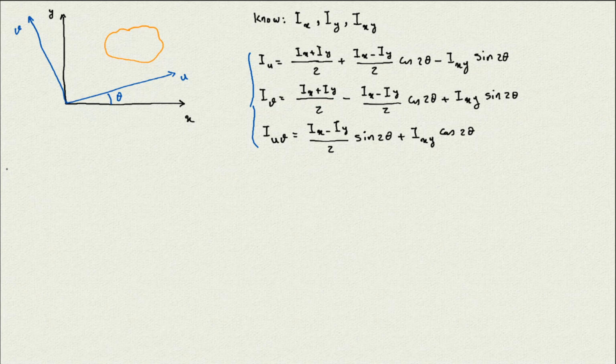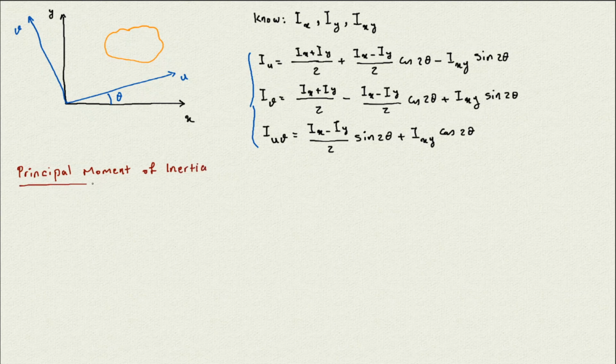For those specific angles where the moment of inertia is going to be maximum and minimum, we call them the principal moment of inertia.